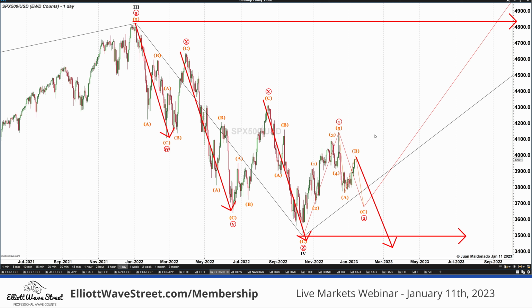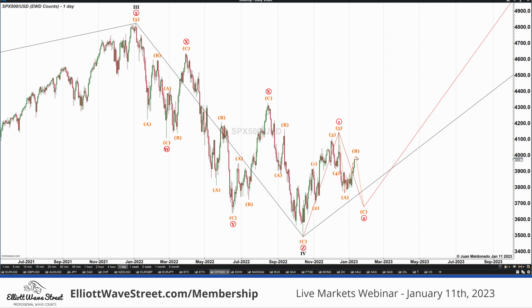Because listen, if the S&P makes another leg down, and I'm looking for that, to have the price moving down here, where I have my A, and let's suppose that the market starts developing the leg down, something like this.